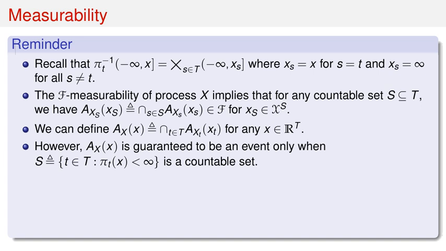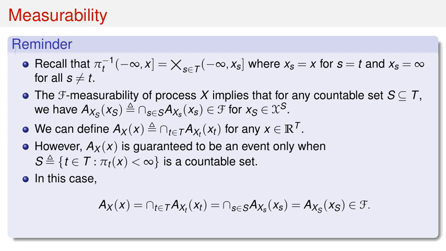This is because sigma algebras are only guaranteed to be closed under countable intersections, not uncountable ones. In the case where S is countable, A(x), which is the intersection over t in T of A_t(x_t), simplifies to the intersection over s in S of A_s(x_s). This is A_S(x_S), which we know is in ℱ.